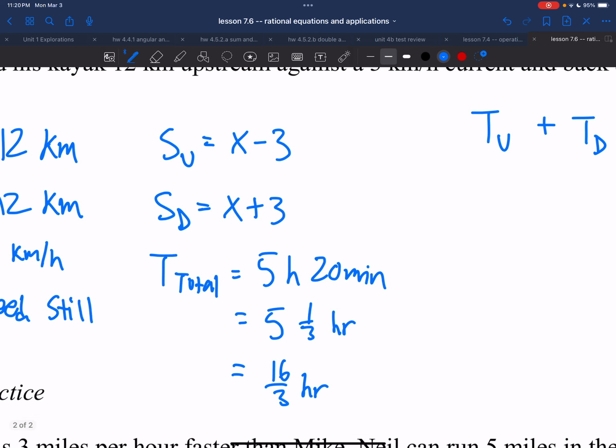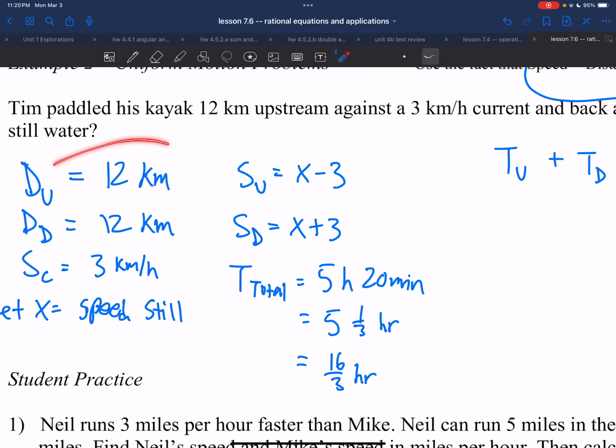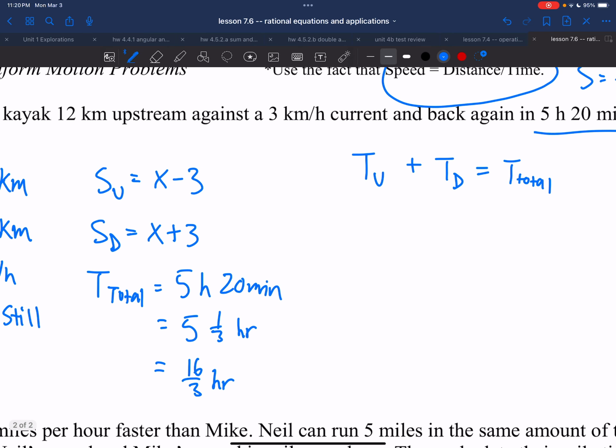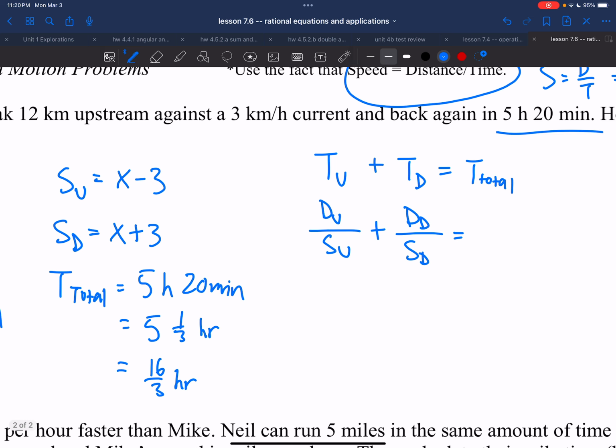And that's information I have set up over here. The time upstream is the distance upstream divided by the speed upstream. The time downstream is the distance downstream divided by the speed downstream. These two times added together get you the total time. So now you can plug stuff in.